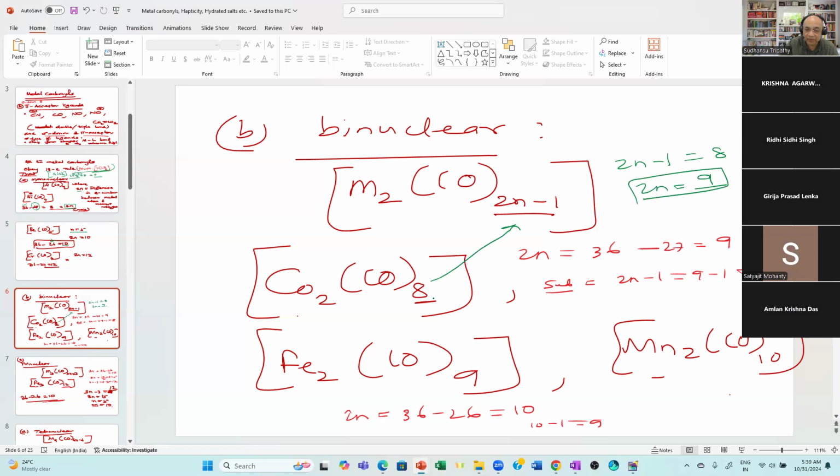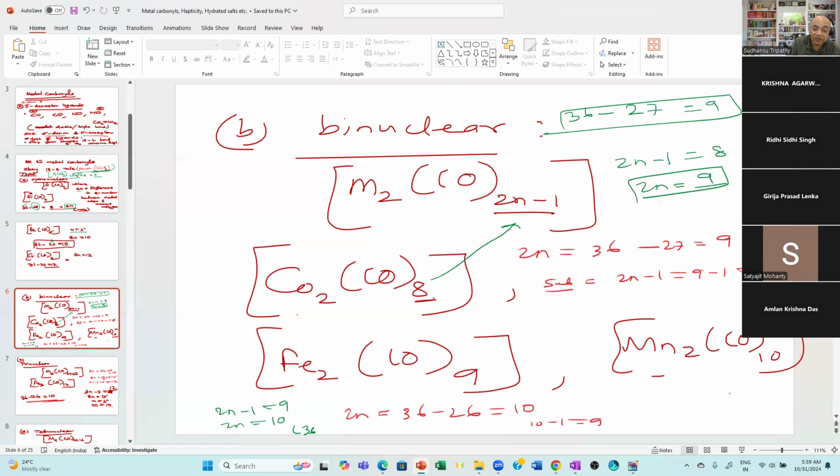So it is the difference between 36 and cobalt's 27, so it's 9. Therefore, dicobalt will form definitely octacarbonyl. Iron will form nonacarbonyl because if 2n minus 1 is equal to 9, then 2n is equal to 10, so that 36 minus 26 is equal to 10.